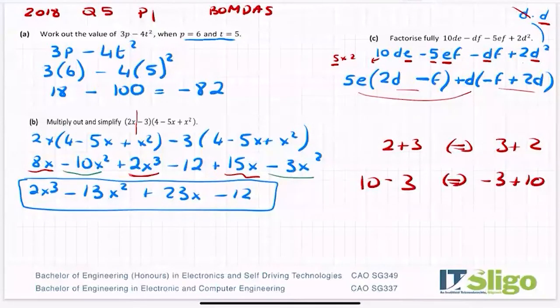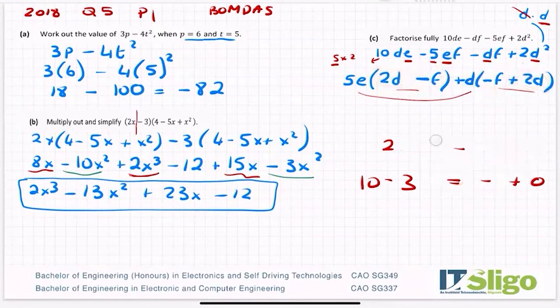Okay, so that's all that's happening up here. 2d minus f is the same as minus f plus 2d. Okay, just make sure that the signs are also the same. So minus f plus 2d. Okay, so I'm happy that those are the same.